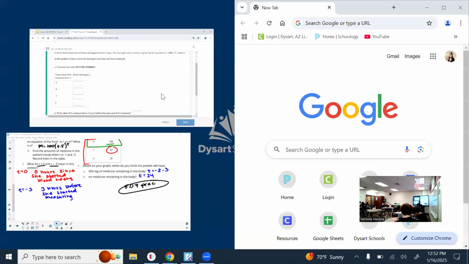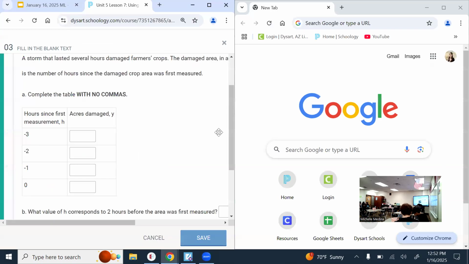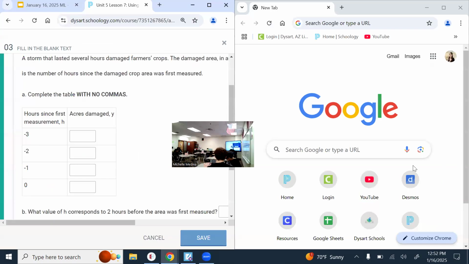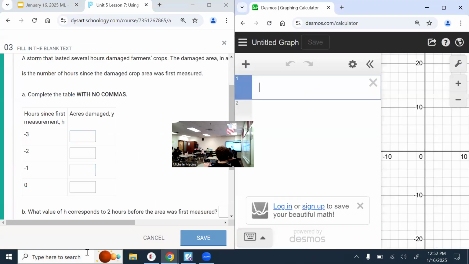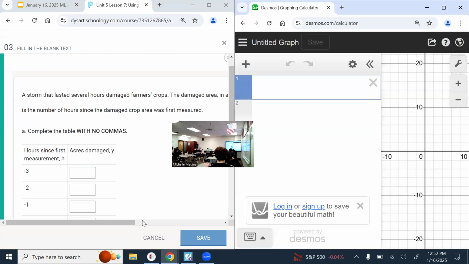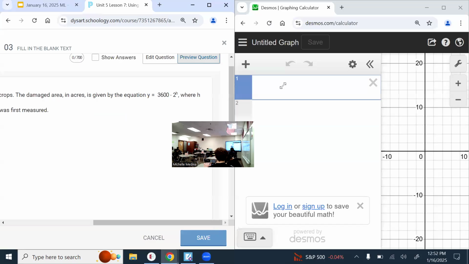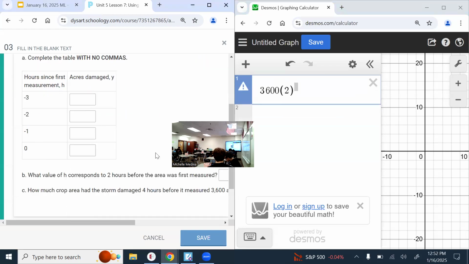I can't remember exactly, but on a lot of unit tests, there's always a question for filling in a table. All you have to do is use the formula. So like 3,600 times 2 to the h power, and in my table, h is for hours, so I'm replacing the h each time.